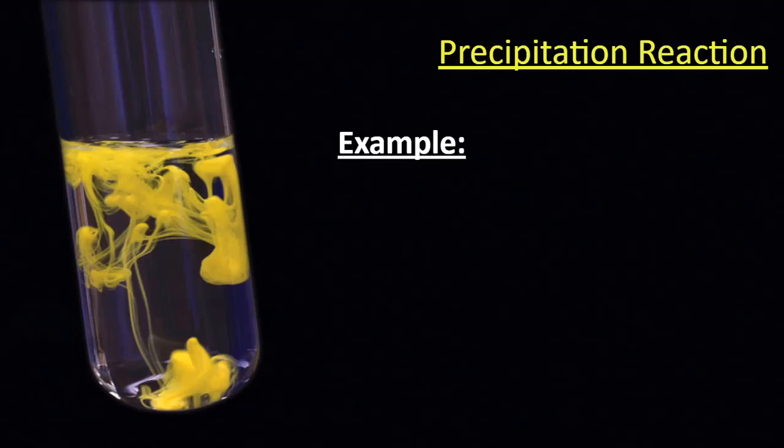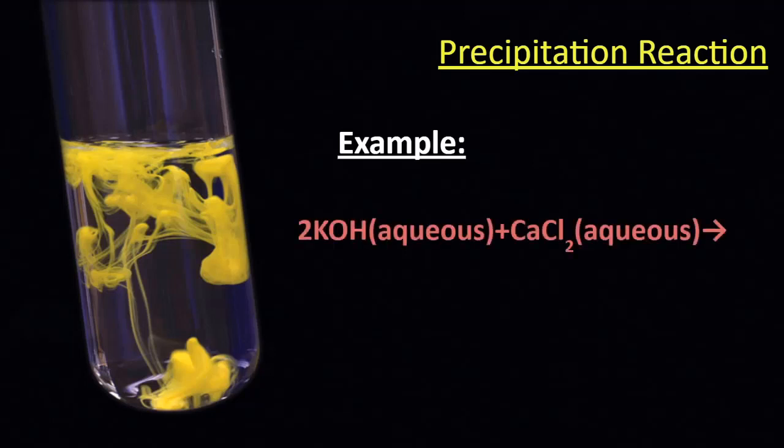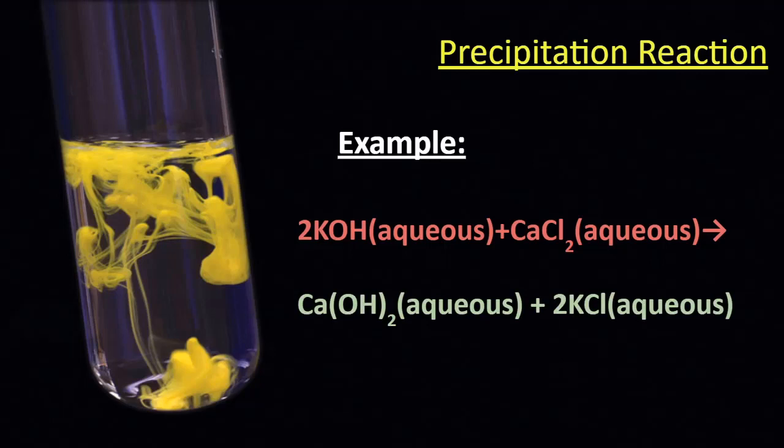The chemical equation for this reaction is 2KOH, which means potassium hydroxide, in aqueous form, plus CaCl2, which means calcium chloride, in aqueous form, and it gives Ca(OH)2, which means calcium hydroxide, plus 2KCl aqueous. So that is another example of a precipitation reaction.